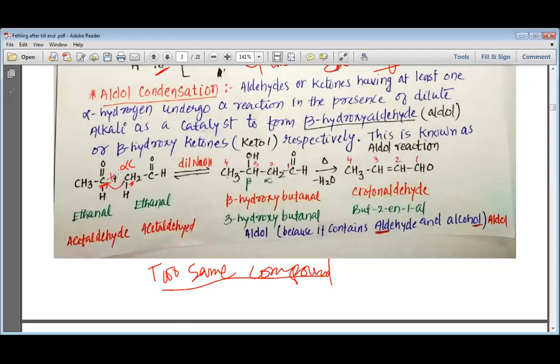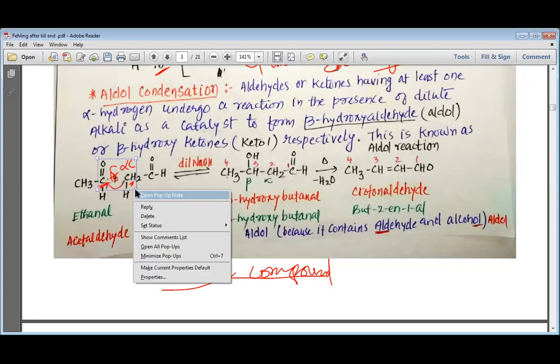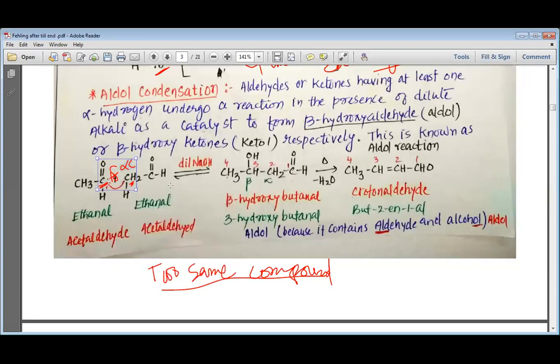This carbon has got a negative charge due to the resonance or due to the attack of the base. So this base actually attacks on this hydrogen, and that is why there will be a negative charge on this carbon.